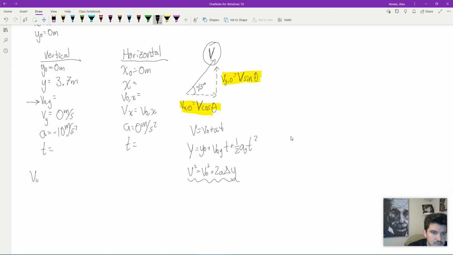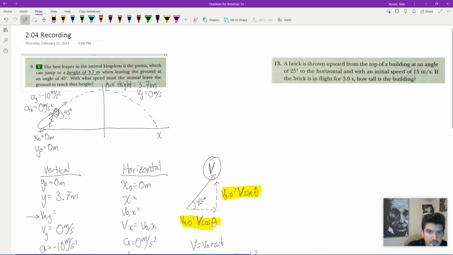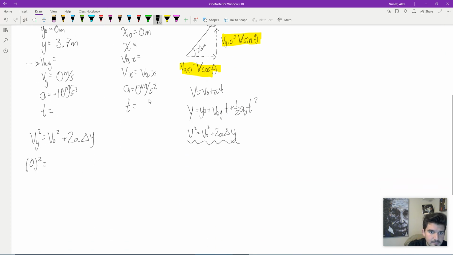And so equation 3 is Vy squared equals V0 squared plus 2A delta Y. And I can plug in 0 for my final, because at the very top of its height, its velocity is 0. I don't know my initial velocity, but that's my goal. That's what I want to solve for, and you'll see why that's important in a second. My acceleration is -10 due to gravity, and my change in position is 3.7 minus 0.